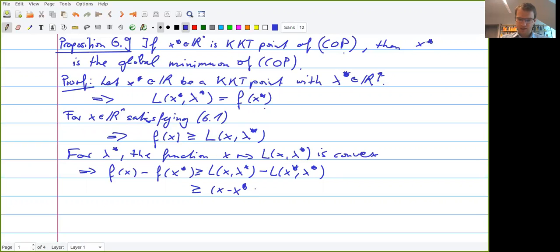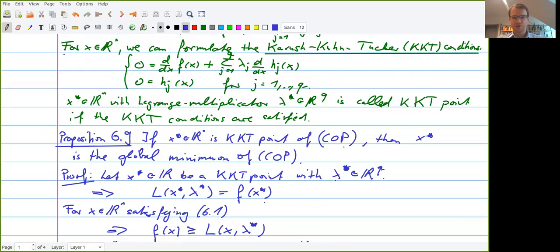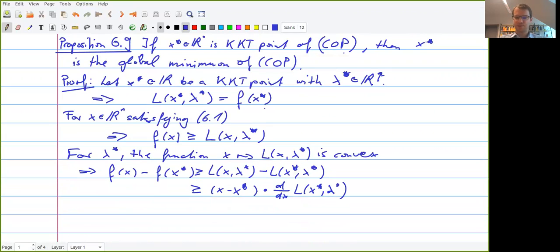So I can estimate it by the difference of x and x star, then I have to take the scalar product with the derivative of the Lagrange function at the point x star, lambda star, and the derivative is taken with respect to the x component here. But this is a KKT point in particular. This means the derivative of the Lagrange function has to be 0. So what do we see here? That's 0.